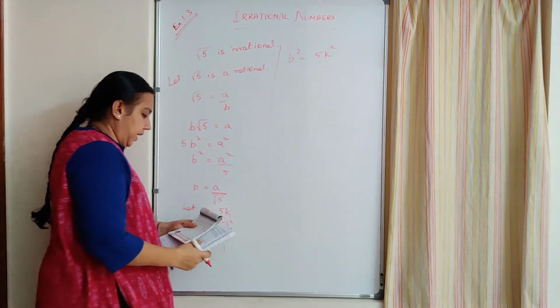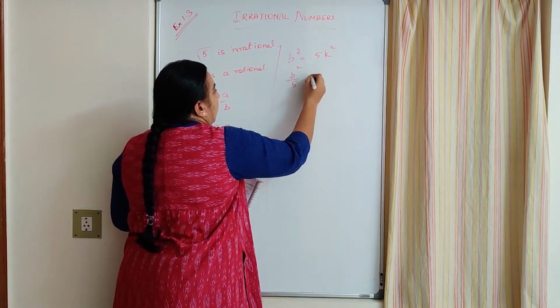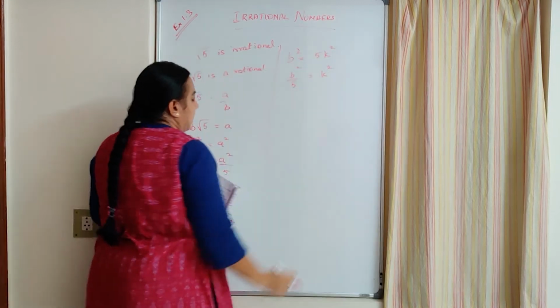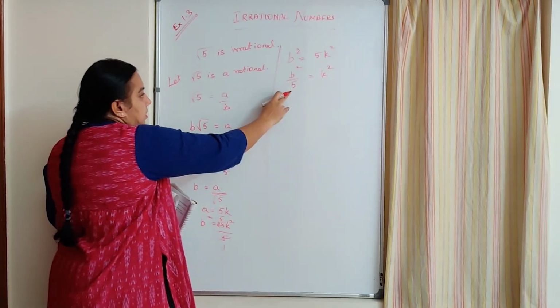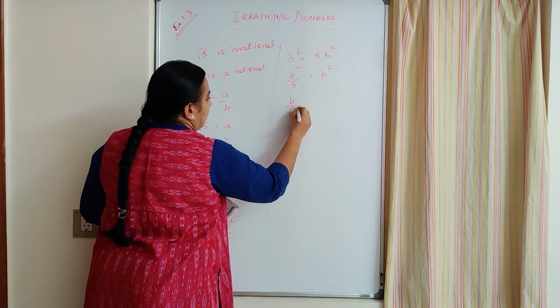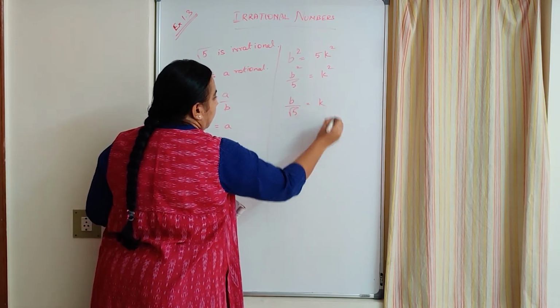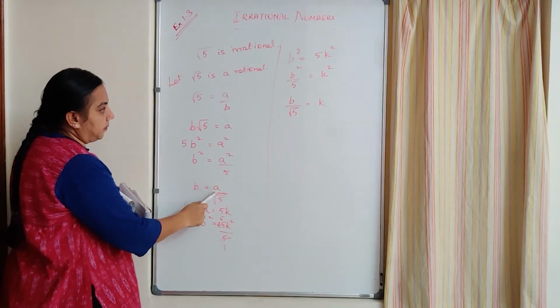So b square is equal to 5k square, and I can write this also as b square by 5 is equal to k square. And again b square is possible to divide. When I take the square root, it becomes b by square root of 5 is equal to k. And here also I got the same thing with a.